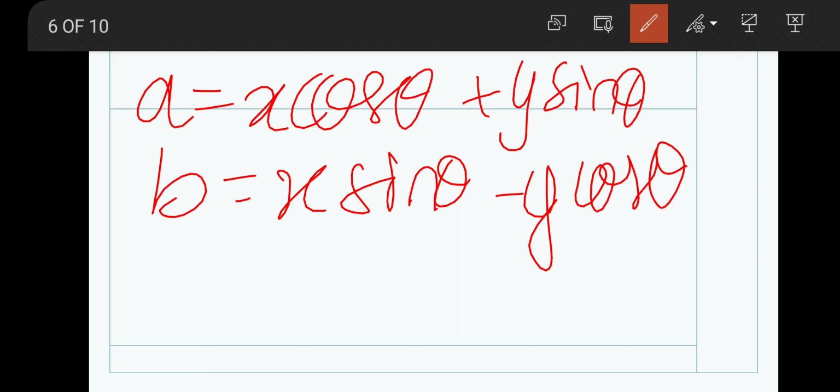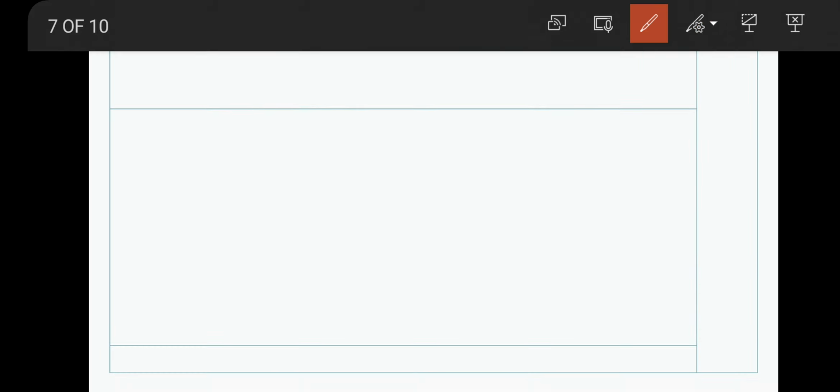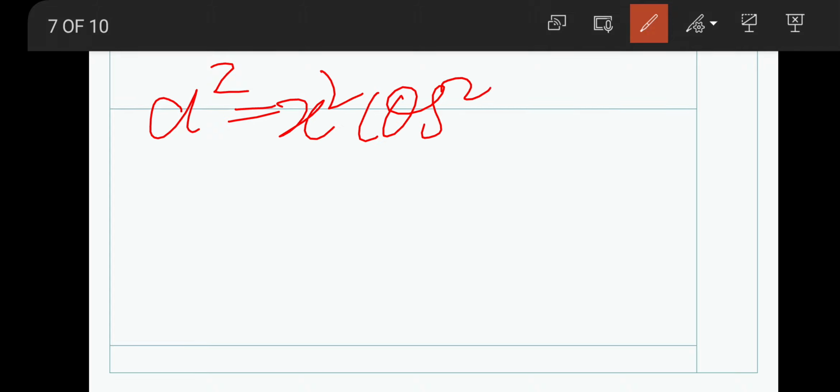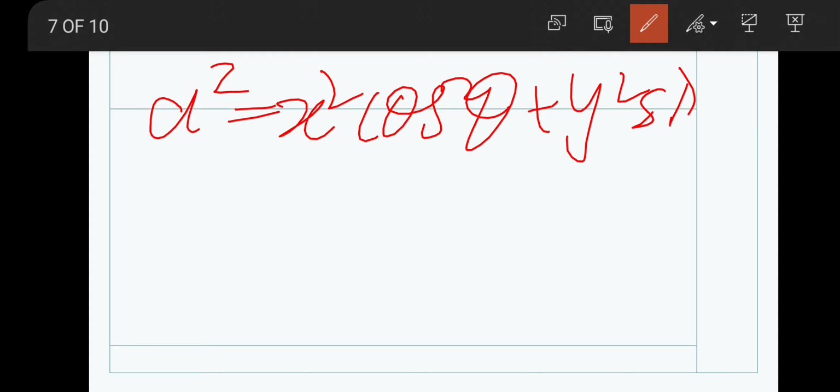Like, cos square theta plus sin square theta equals 1, so it has to be in square. So I want to do squaring on both sides. If I do that, I will get a square equals x square cos square theta plus y square sin square theta.